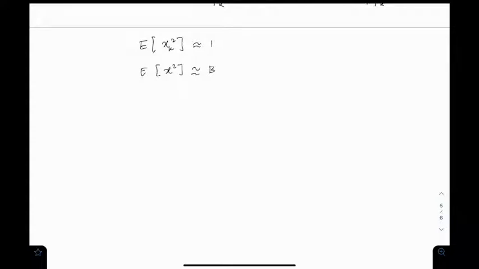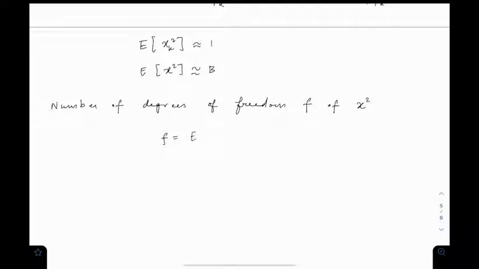Now, with the chi-square distribution, we associate the parameter, the number of degrees of freedom. This is equal to the expectation value, and this will equal the number of bins minus 1.